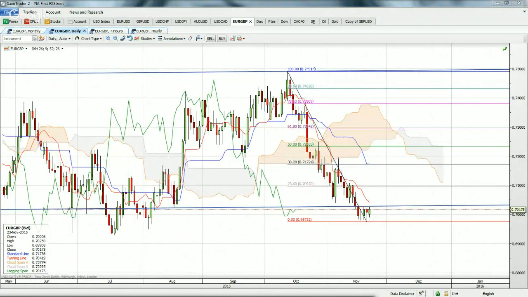But the main resistance level that we see probably this week and next week is 71.80, and that's just above this 38.2% pullback level. So we're not expecting this corrective rally to overextend above here.